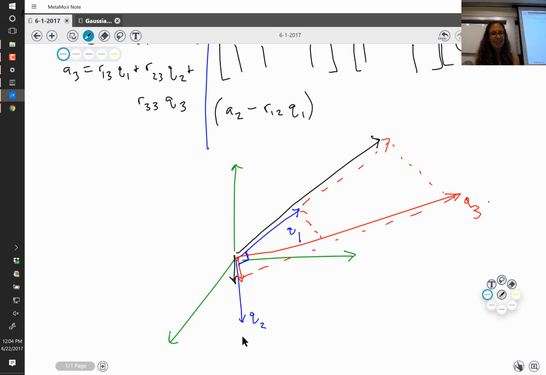Maybe there's something going a little bit this way that hasn't been captured so far, and that would be R33 times Q3, and then we normalize it to get, okay, this is Q3.